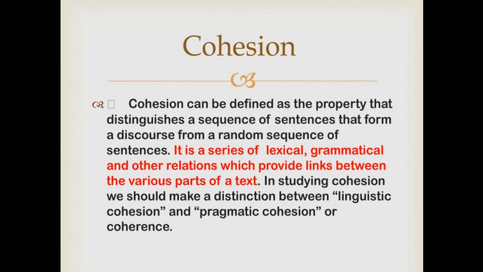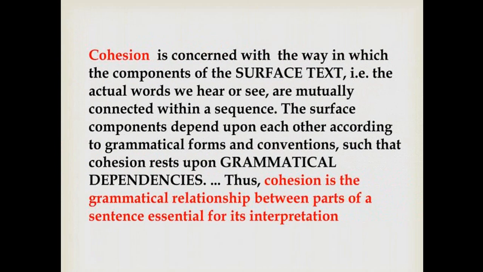In studying cohesion, we should make a distinction between linguistic cohesion and pragmatic cohesion, or coherence. Cohesion is concerned with the way in which the components of the surface text, for example the actual words we hear or see, are mutually connected within a sequence.